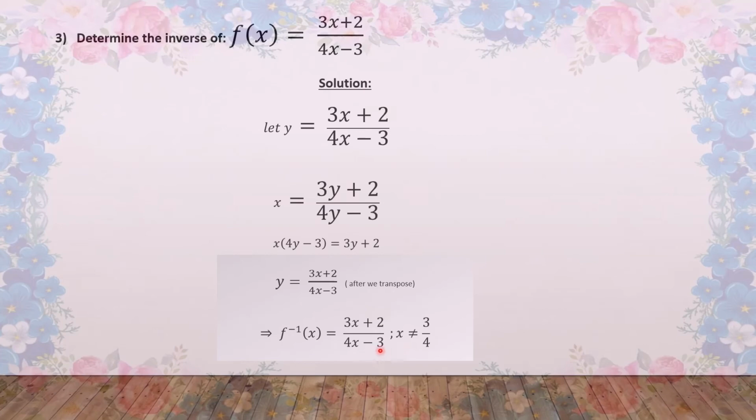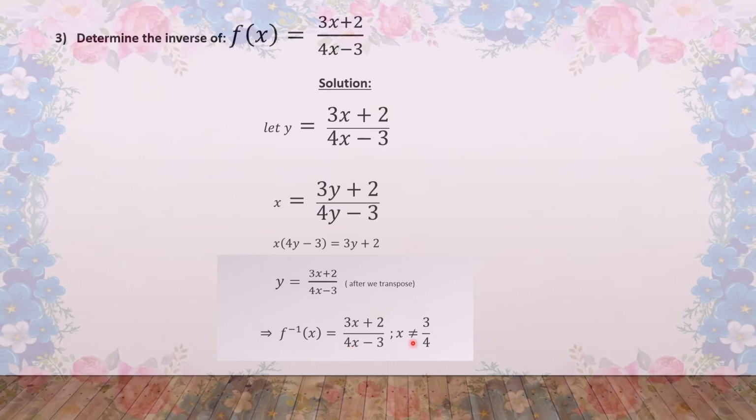So f inverse of x is valid provided x is not equal to 3/4, because if x was ever equal to 3/4, you're going to have division by 0 here, and this will cease to exist. You get indeterminate. The calculator cannot process that. You cannot work out the value for an indeterminate function.